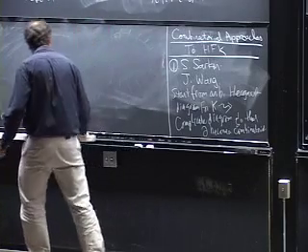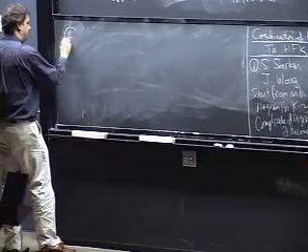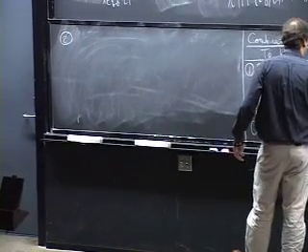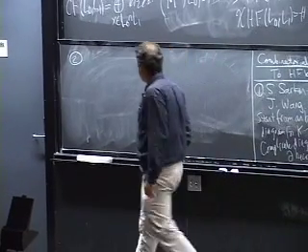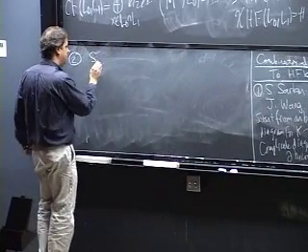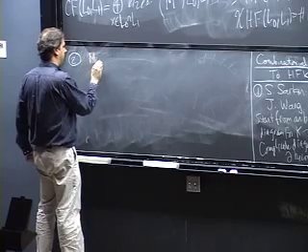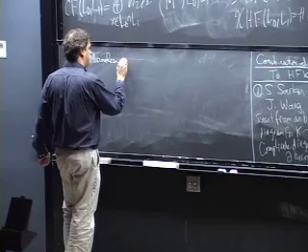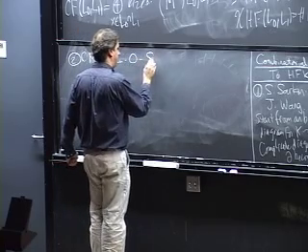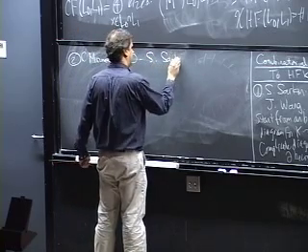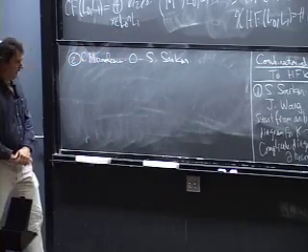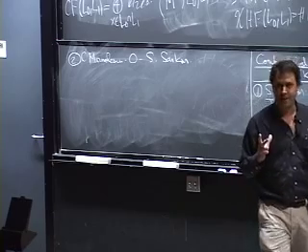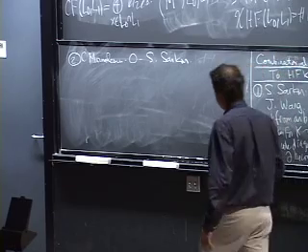Another approach, also from summer '06, was joint work with Ciprian Manolescu, myself, and Sarkar. And this is to start not from an arbitrary Heegaard diagram for a knot, but from a very special type of Heegaard diagram for a knot called a grid diagram.